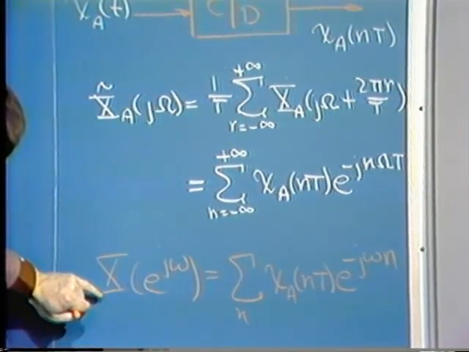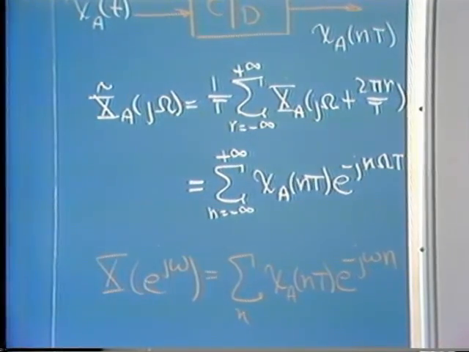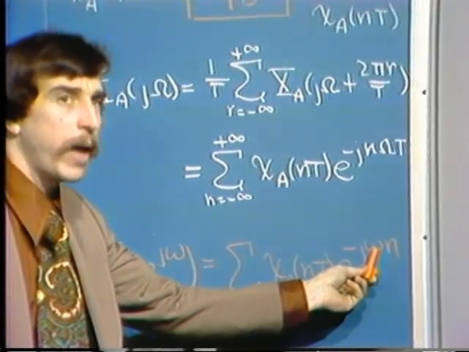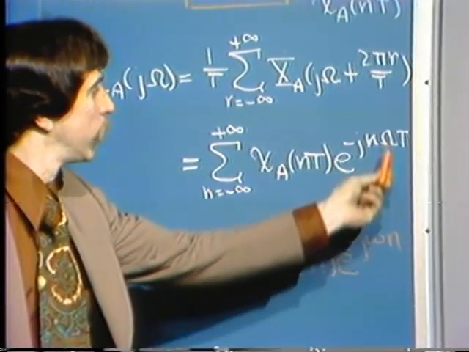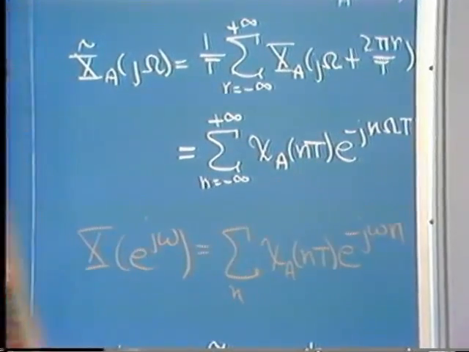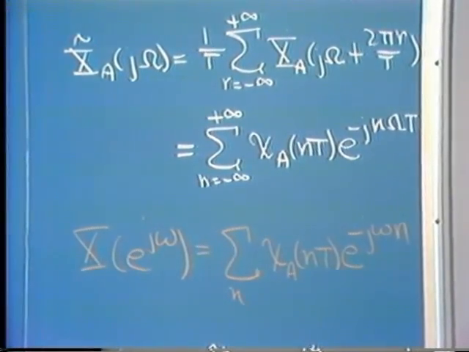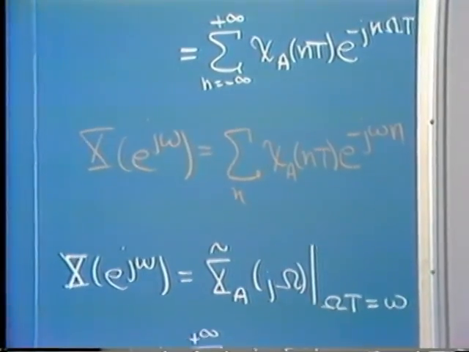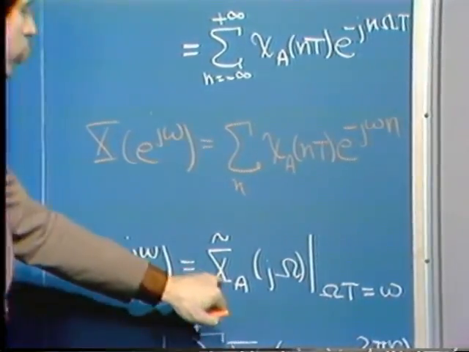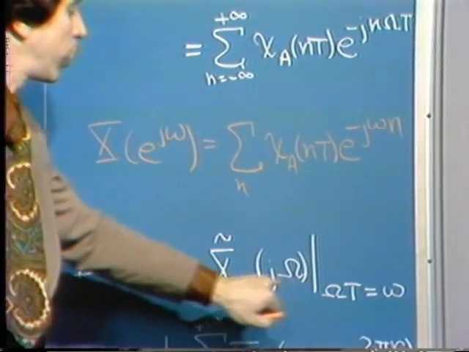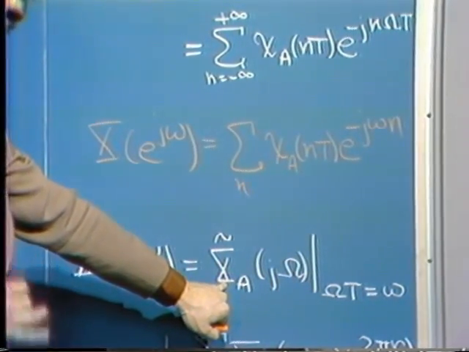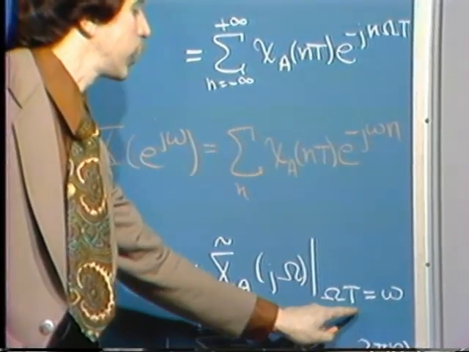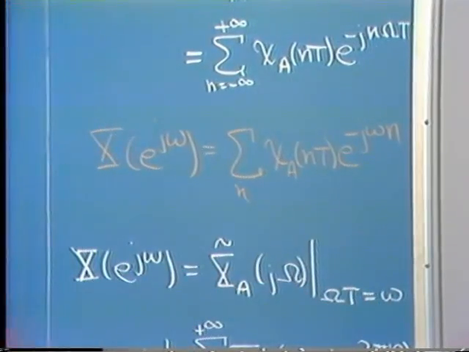Well, let's compare this with this. We see that they're exactly the same, except that for little omega here, we have capital omega times capital T there. Consequently, we can say that the discrete time Fourier transform is equal to the continuous time Fourier transform of the impulse train, with capital omega times capital T equal to little omega.